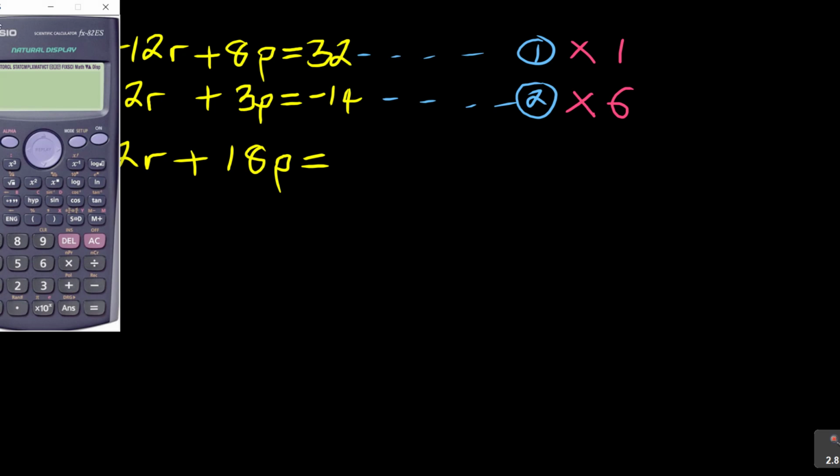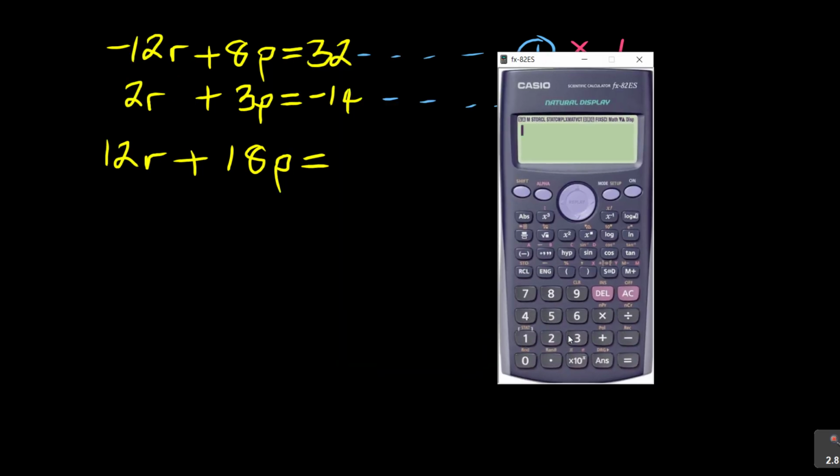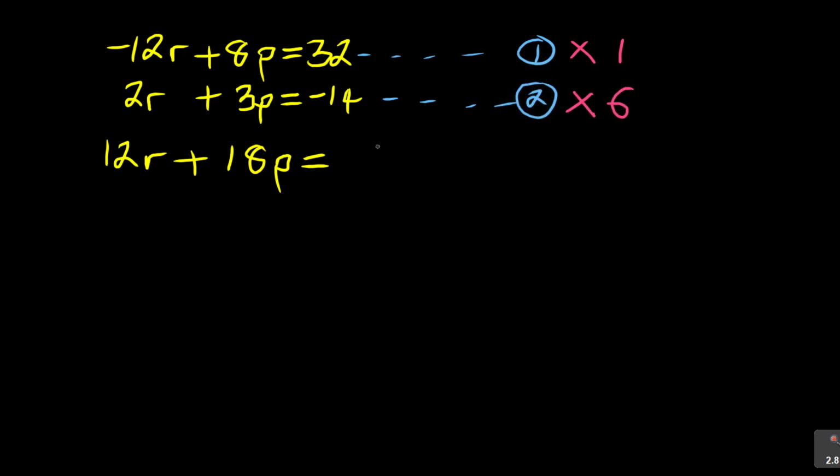Negative 14 times 6, it's 84. So it's minus 84. Let's call this my equation 3.